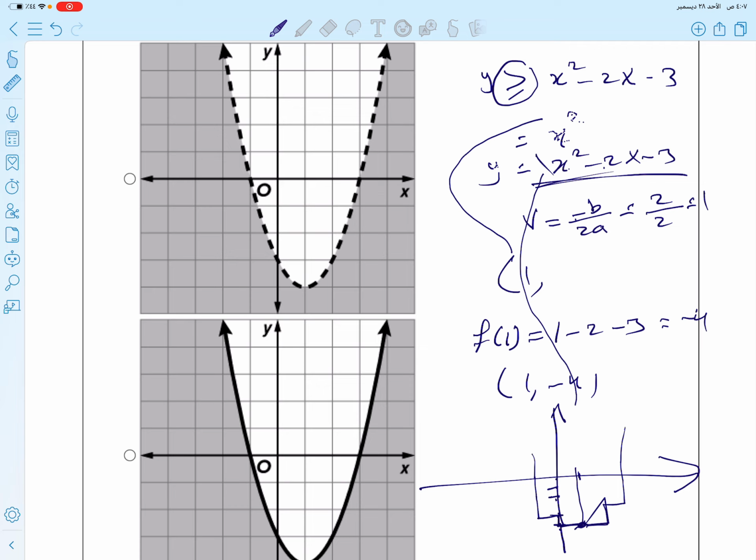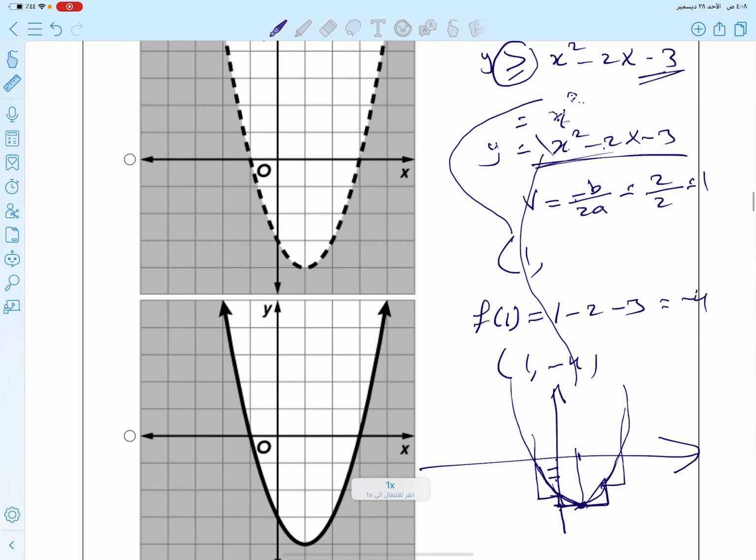I can also use the y-intercept. The y-intercept is negative 3. So the parabola is going to go in this way.